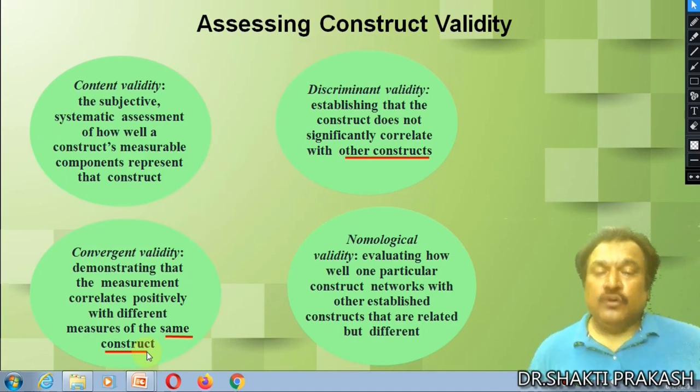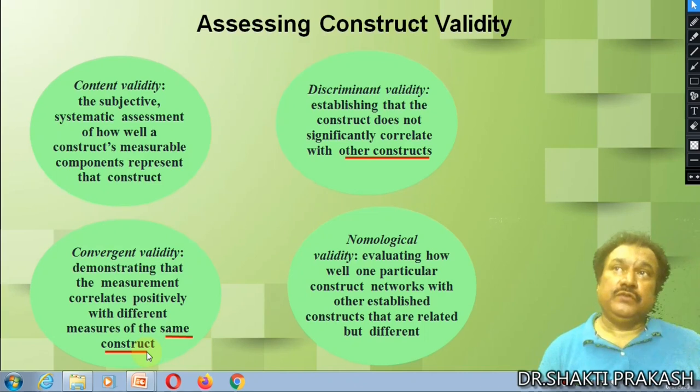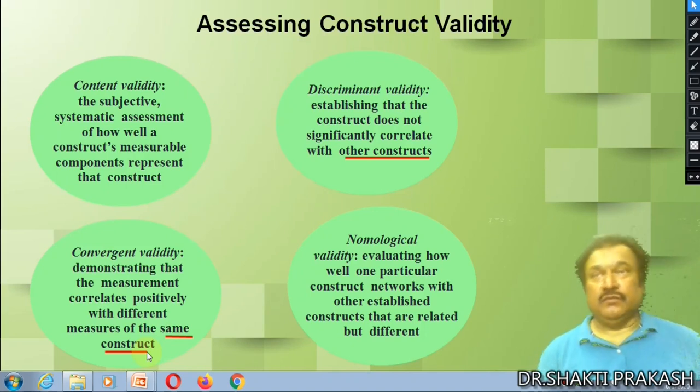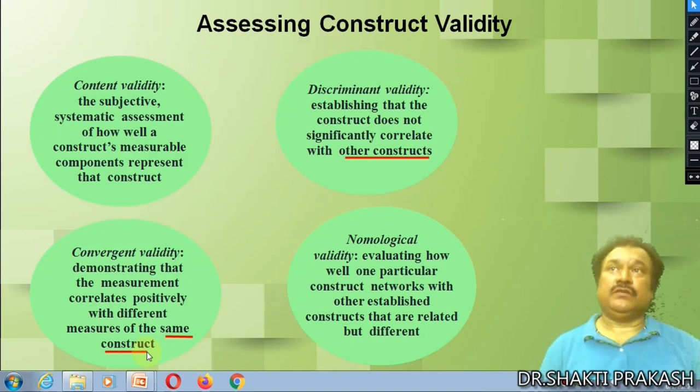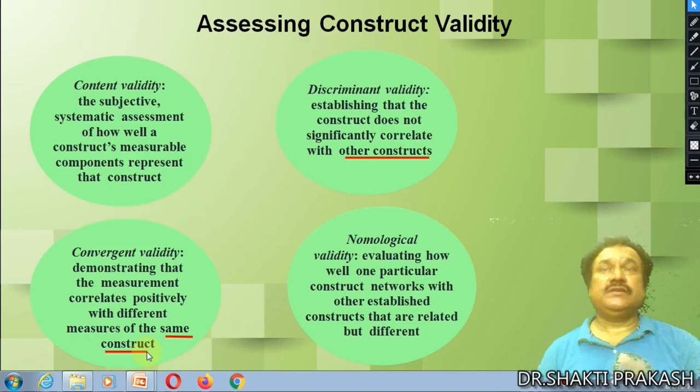Then nomological validity. If we are going to evaluate the same type of construct with different scaling methods or different research studies, the result should be the same.